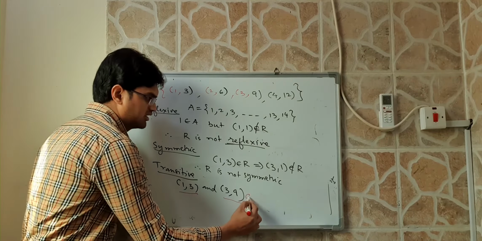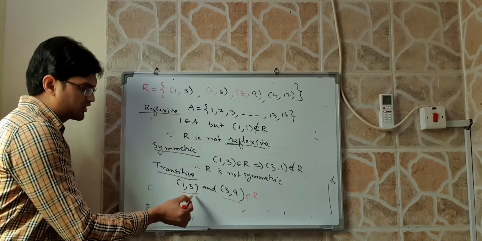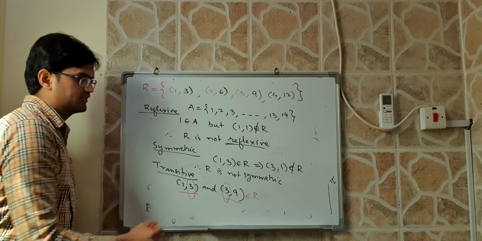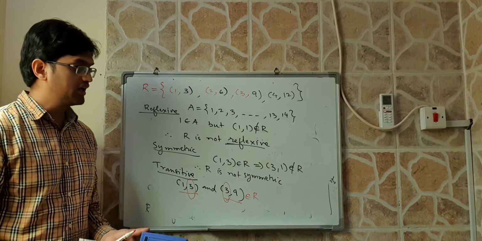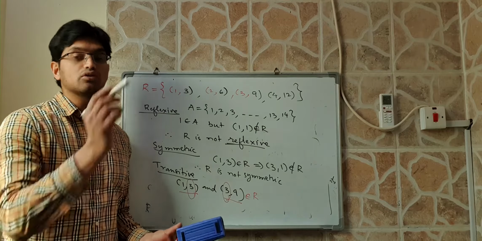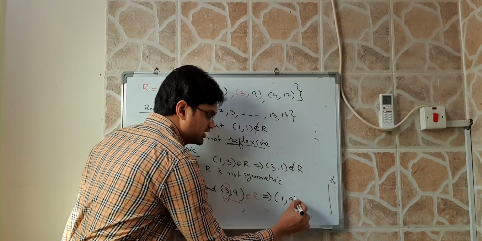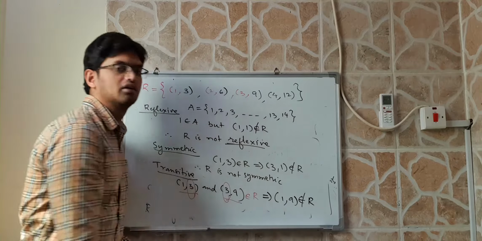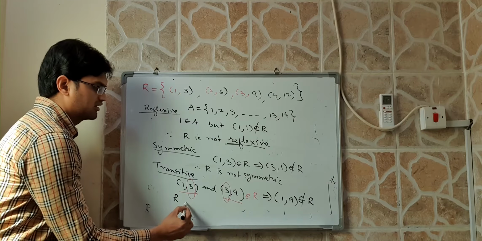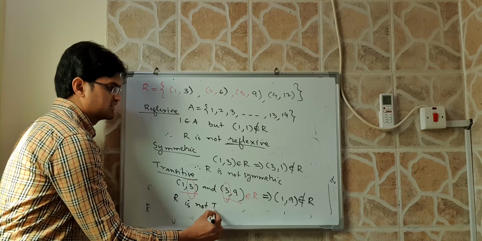Both are present in our R. But when you cancel the 3, to make it transitive, (1, 9) should also be there in R. But you see that (1, 9) does not belong to R. So R is not transitive.